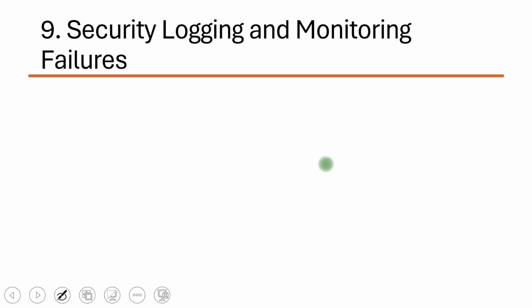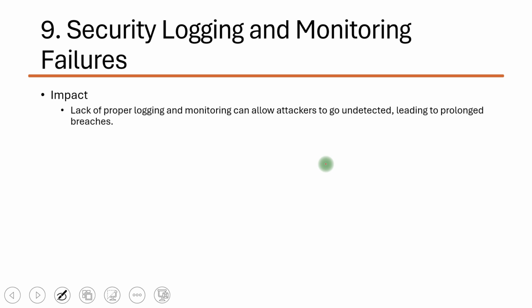Ninth is security logging and monitoring failures. Impact can be that lack of proper logging and monitoring can allow attackers to go undetected, leading to prolonged breaches. If any unwanted thing is happening, I should be able to see in the logs and our monitoring system that something is happening that is not intended.